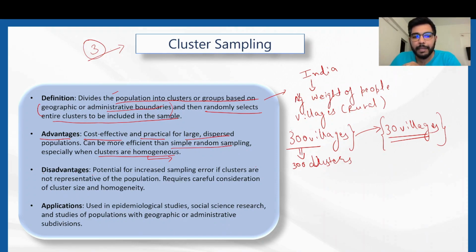Cluster sampling has a potential for increased sampling error if the clusters are not representative of the entire population. Let's try to understand it by extending the same example. We were tasked to get the average weight of all the people living in villages or rural India, correct?